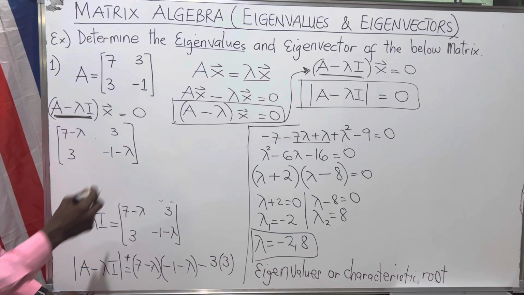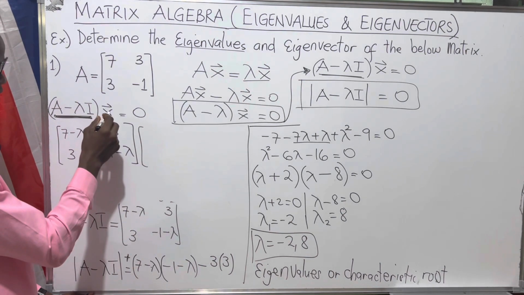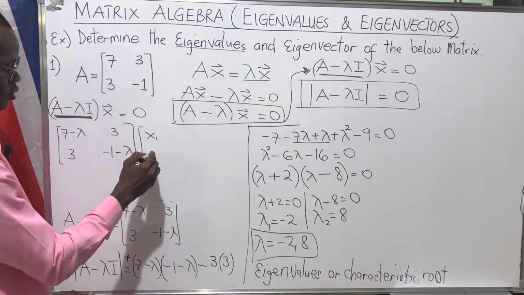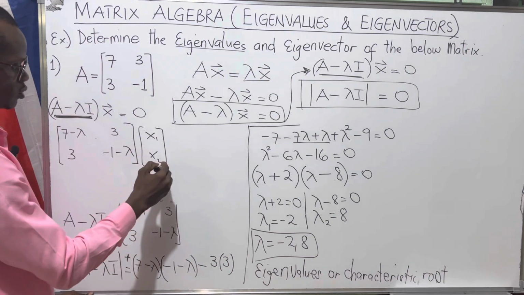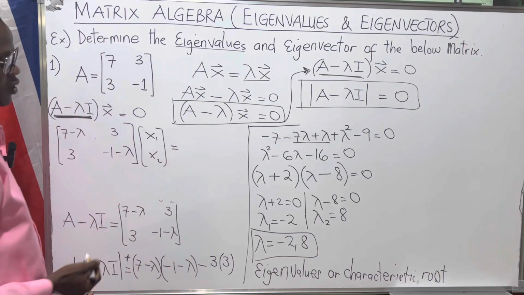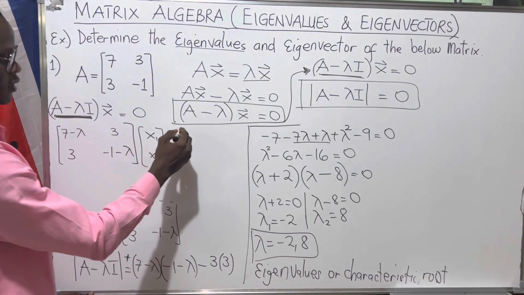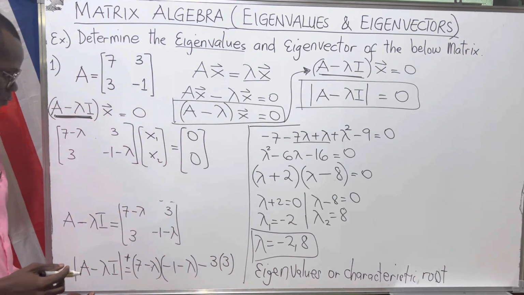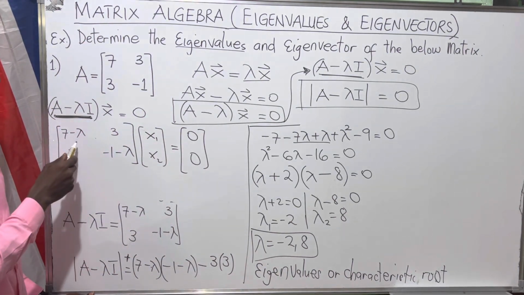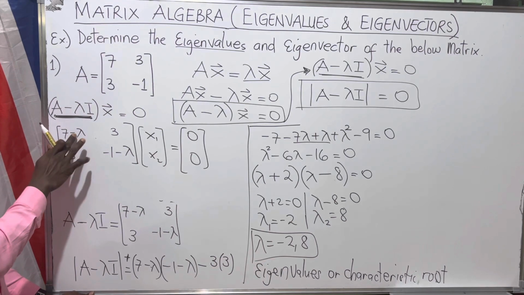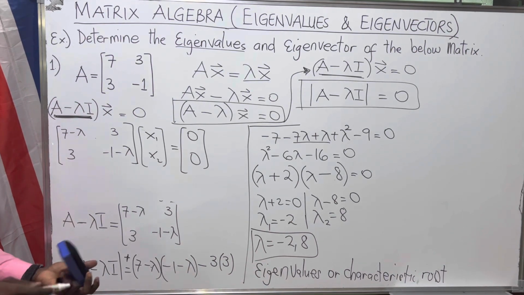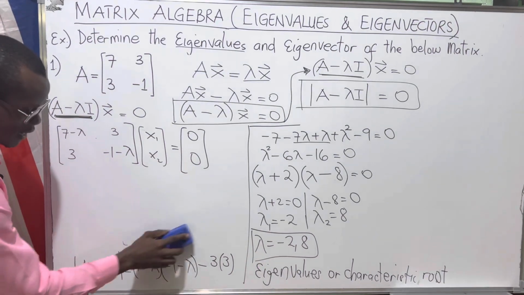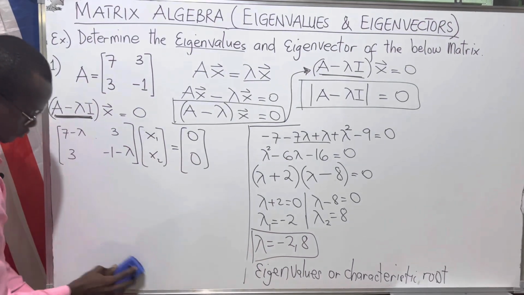Now we multiply this by this vector, x1, x2, which must be equal to a zero vector, so 0, 0. Now we have to replace lambda with its value. Since we have two values for lambda, we take them one by one.